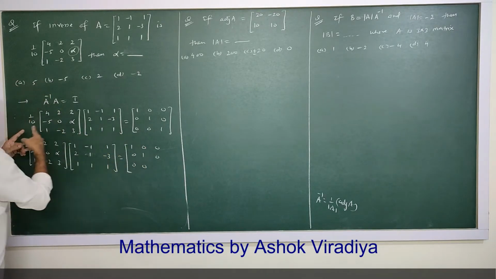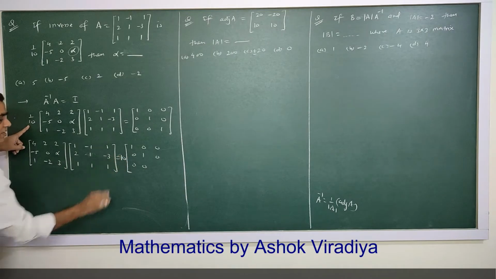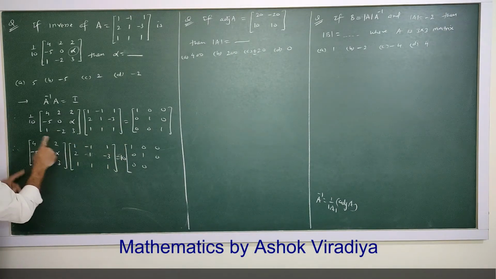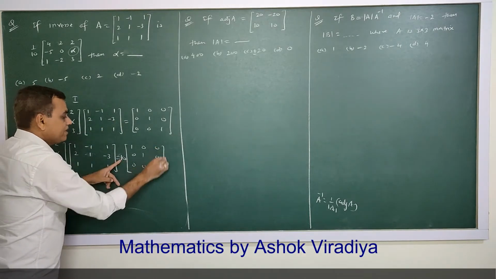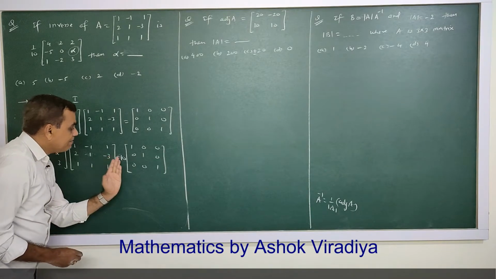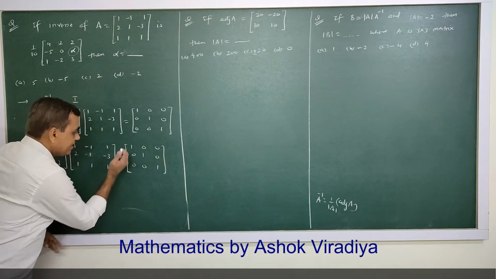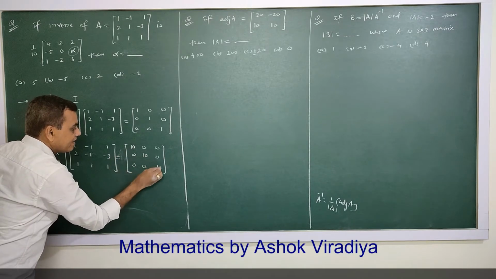See, when the equation is multiplied by 10, this 10 will be multiplied here with this matrix. This 10 comes on this side, so this matrix will be multiplied by 10. Now this 10 I am multiplying inside with every entry. So if I multiply 10 inside, this will be 10, 10, 10.